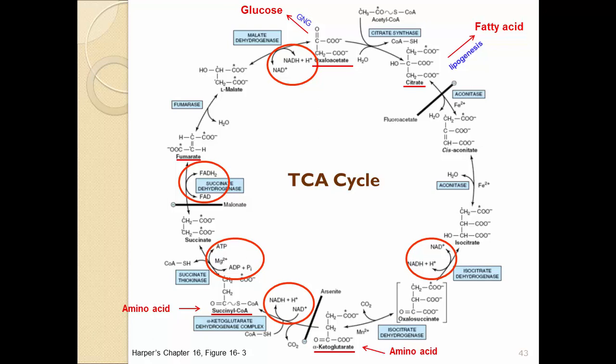You can see that one ATP is produced in this reaction at the substrate phosphorylation level, and 1, 2, 3, three NADH molecules are produced per one TCA cycle, and one FADH. So if an acetyl-CoA molecule goes through the whole complete TCA cycle, it will generate 1 ATP, 1 FADH, and 3 NADH, right?